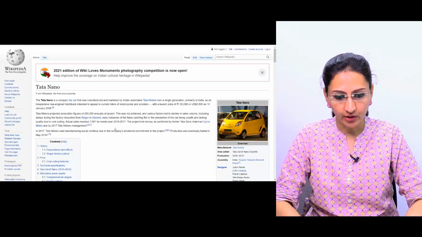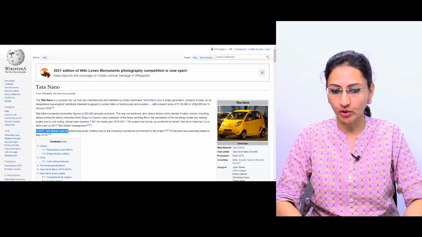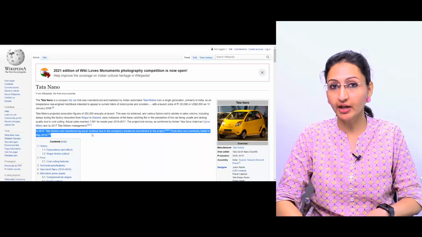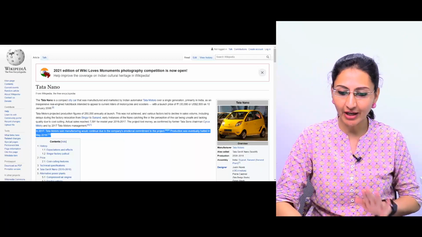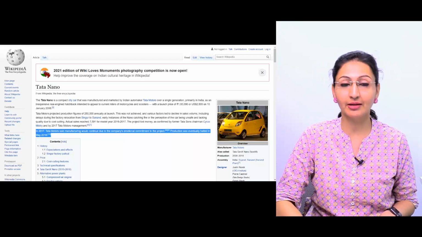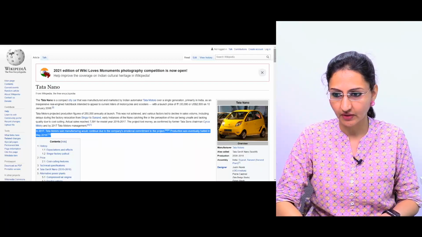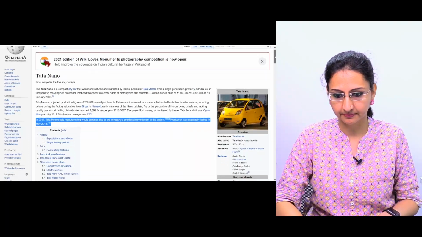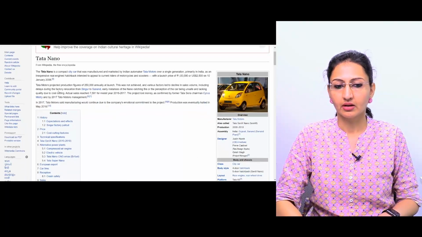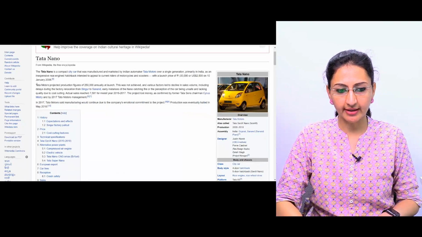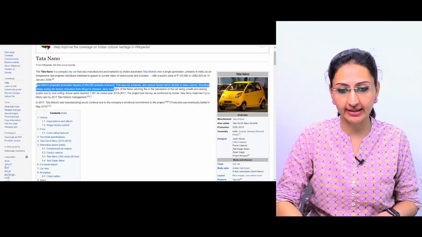So this is the Nano, which you can see. In 2017, Tata Motors said manufacturing would continue due to the company's emotional commitment to the project. Production was eventually halted in May 2018. Tata Motors projected production figures of 250,000 annually at launch.